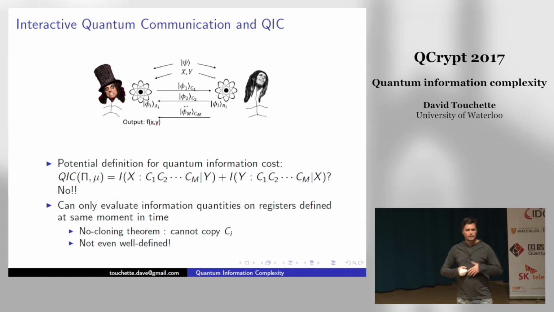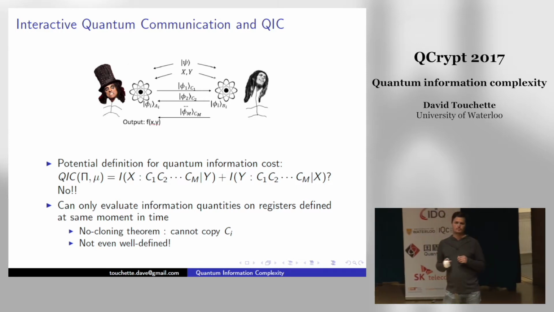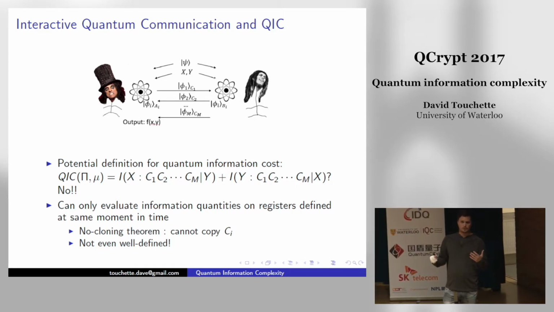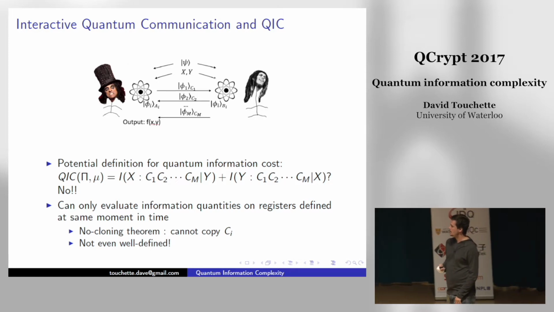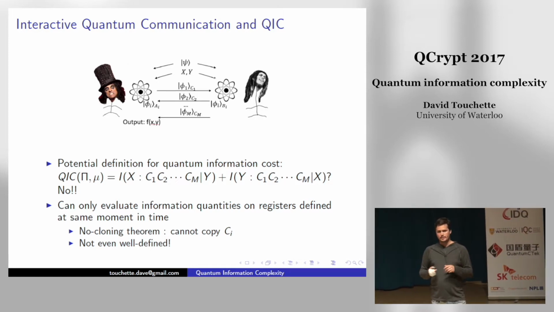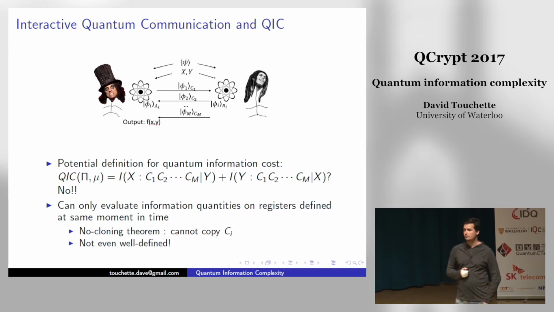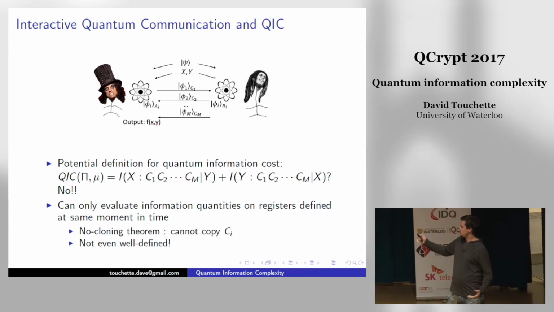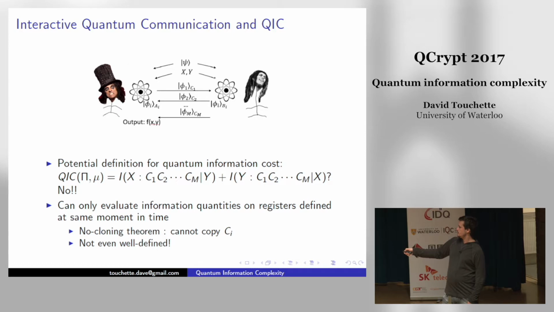So how can we then define information for an interactive quantum protocol? Okay, so by direct analogy to the classical case, a first trial might be to just measure how much information all of these messages contain about Alice's input X, given that Bob starts with his input Y, and similarly how much information Alice learns about Bob's input.